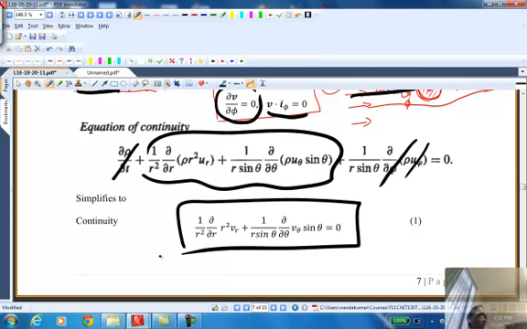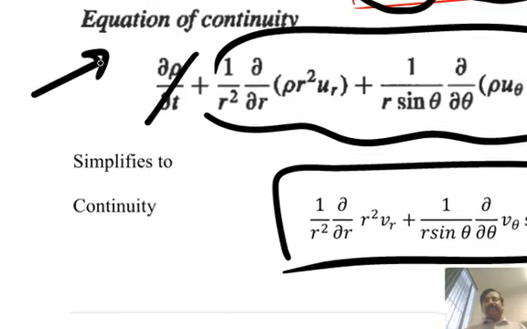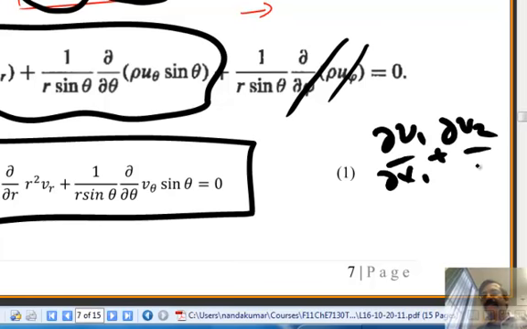You need to find this expression at the end of Bird, Stewart and Lightfoot, or in the formula sheet that I have. You have to pick the right one and then start cancelling, and you will get the simplified continuity equation like this. Remember, in the Cartesian frame, this would have been dv1/dx1 plus dv2/dx2 equal to 0.